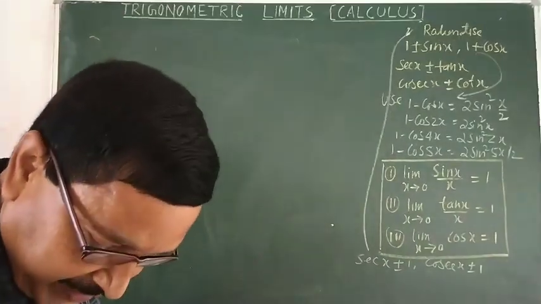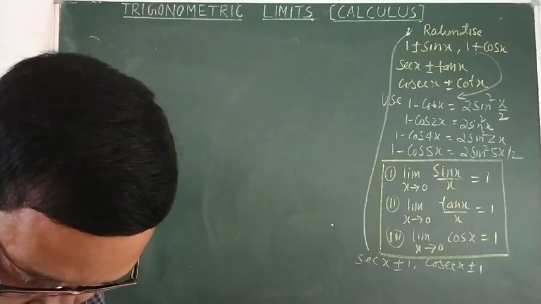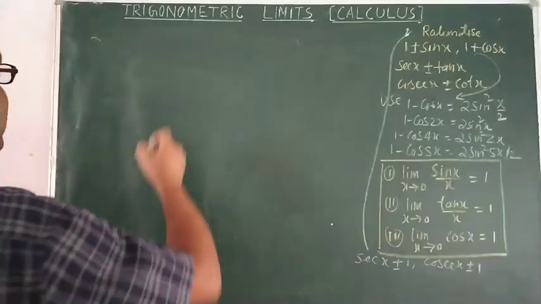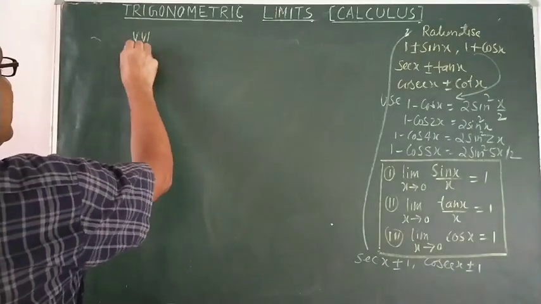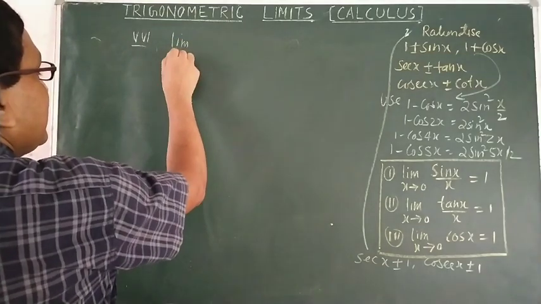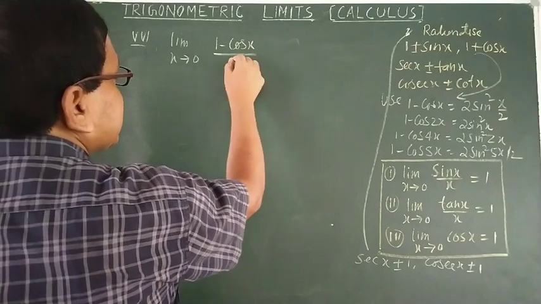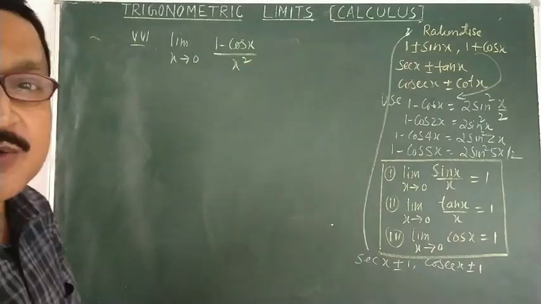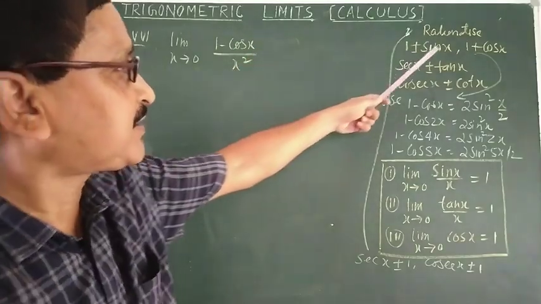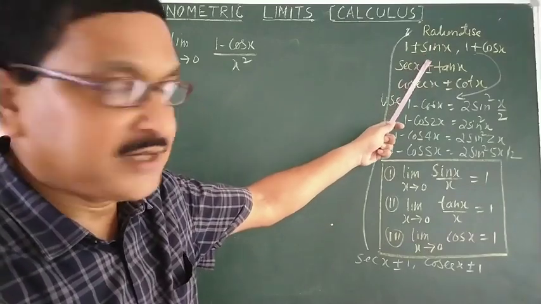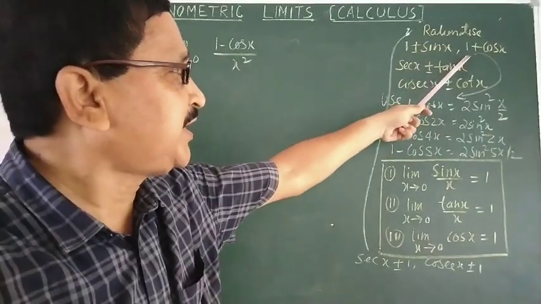Now moving towards a very important and urgent problem, number 3, the most urgent, VVI: limit x tends to 0, 1 minus cos x by x square. You cannot rationalize this. In the list of rationalization, 1 minus cos x is not given.